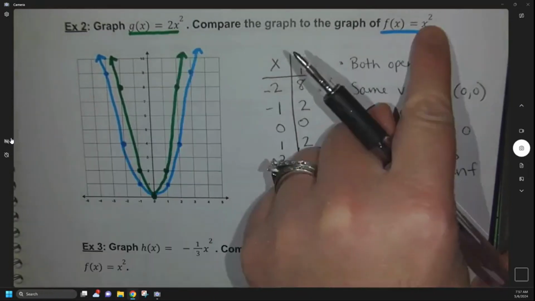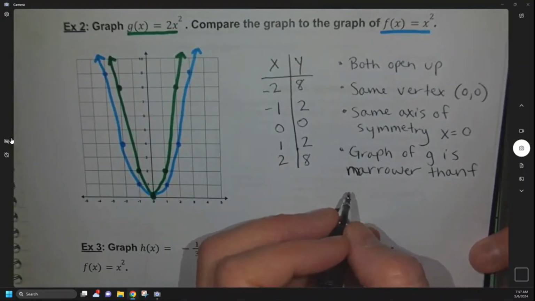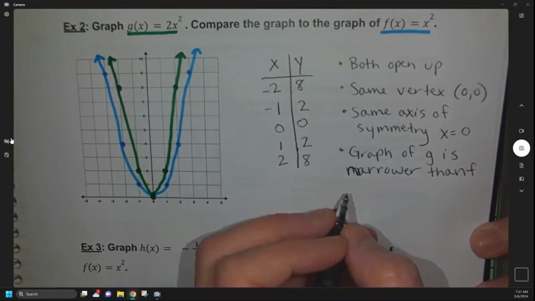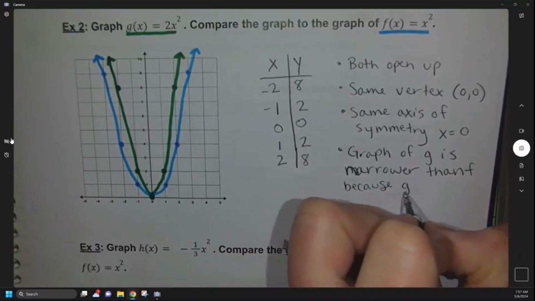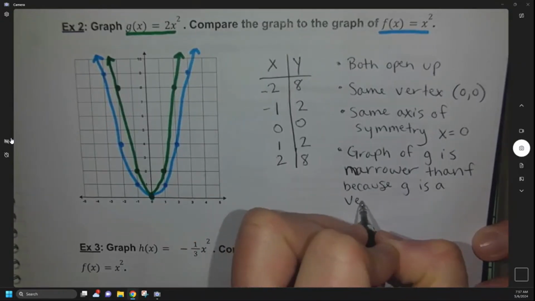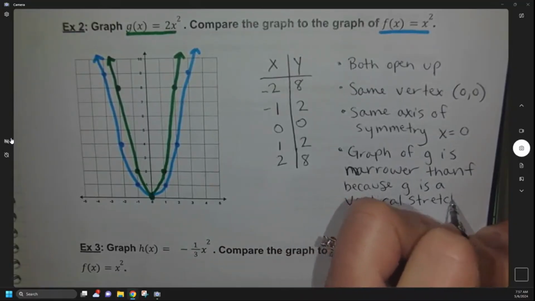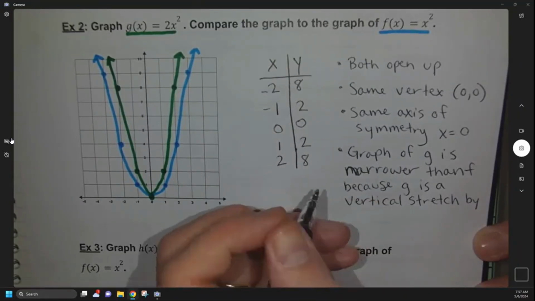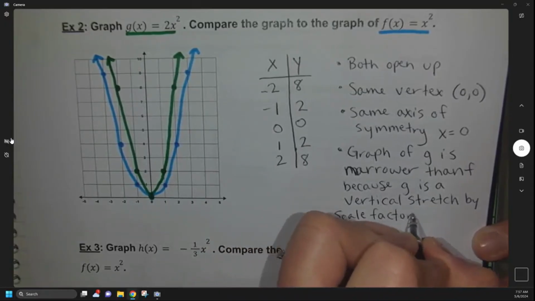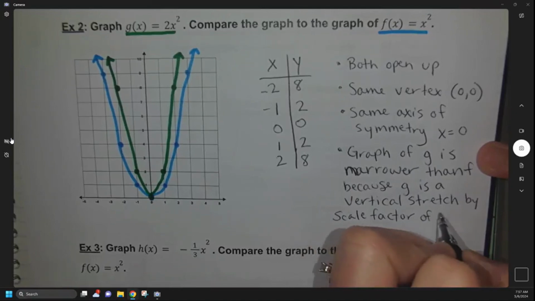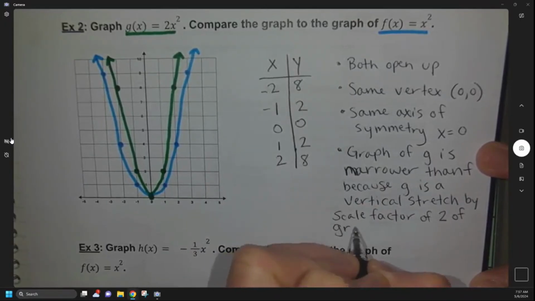So I multiplied x squared by 2, so my scale factor was 2 for that one. So it's narrower than f because g is a vertical stretch by a scale factor of 2 of the graph of f.